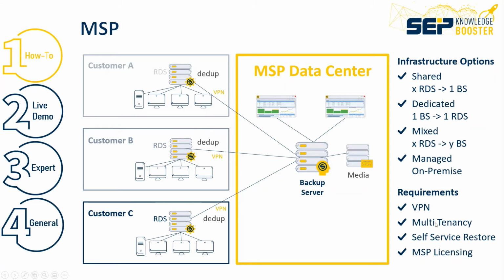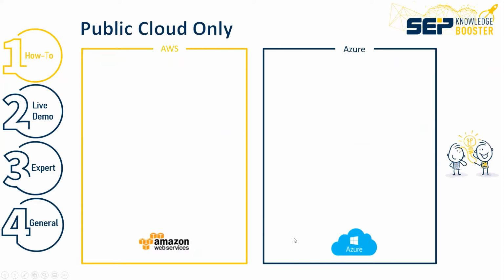So we need the multi-tenancy, which means the authentication as well as the authorization functionality. Both is necessary, that you have your credentials and that you have the permissions only to have access to your own data. And then we have a specific license model for the MSPs.